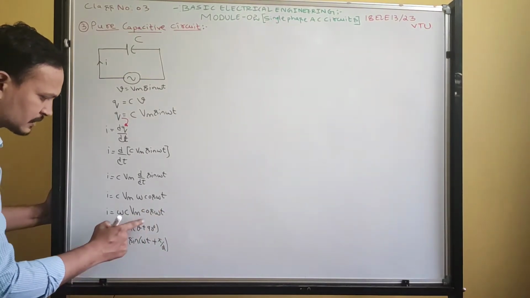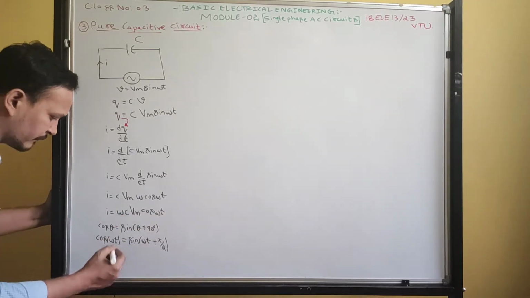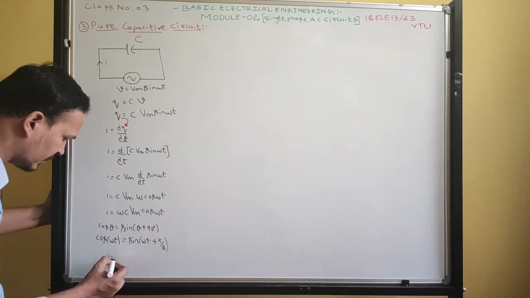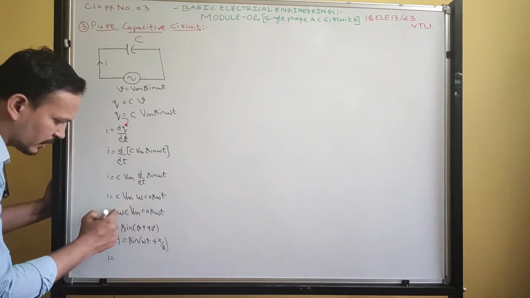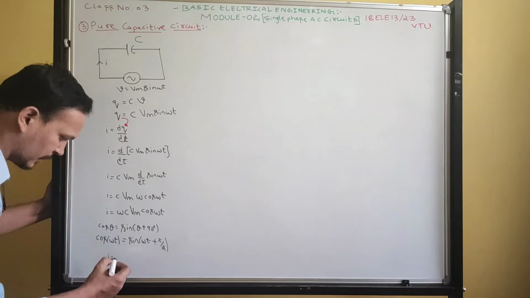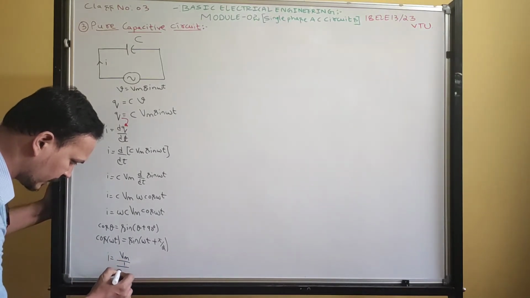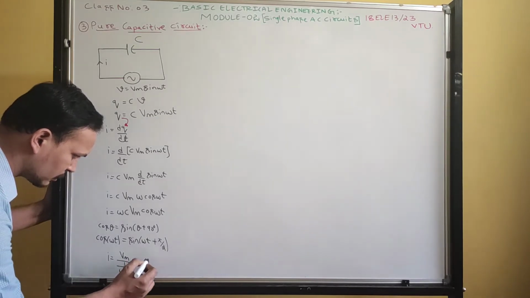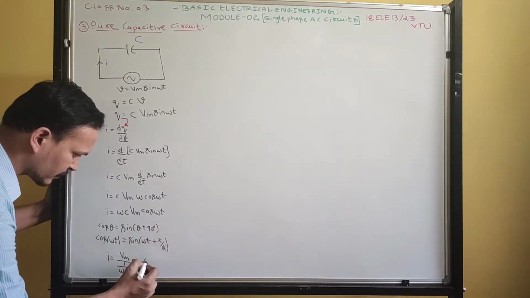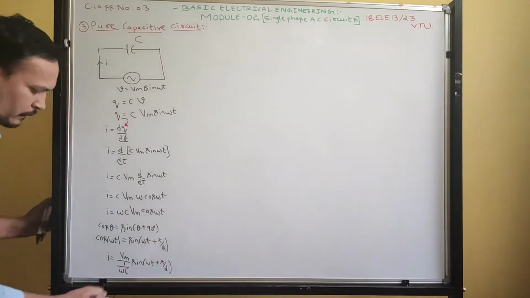Now replace cos omega t by this equation, and along with that, modify the current equation in this way. Omega C Vm, I am modifying this term as Vm divided by 1 by omega C, into sin of omega t plus pi by 2.